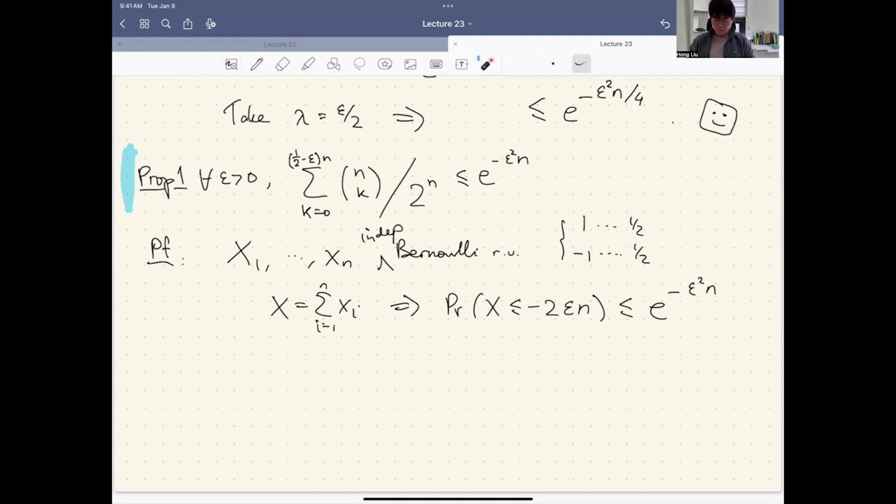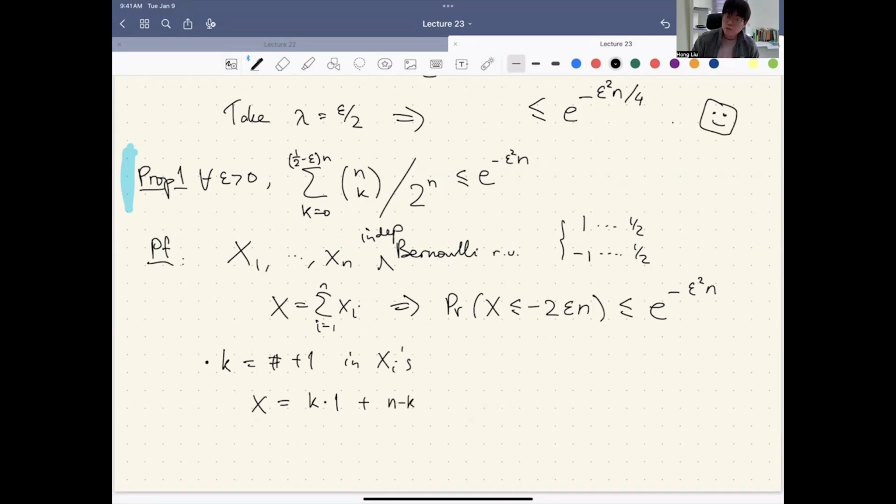Cool. So we have n items. Each item is 1 with probability 1/2. So if you consider k to be the number of plus ones in xi, then what is x? X equals k times 1 plus n minus k of them is negative 1 times negative 1, right?